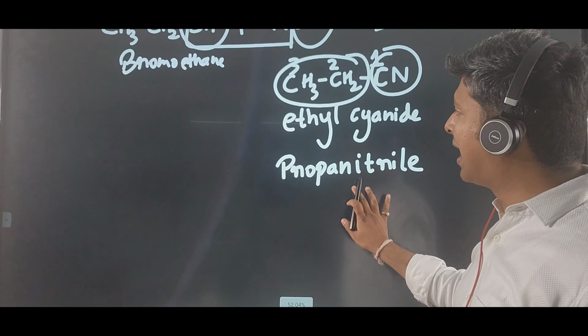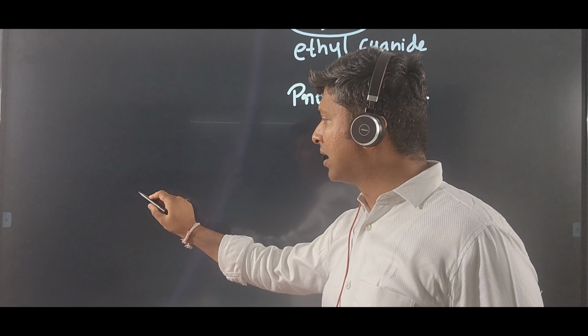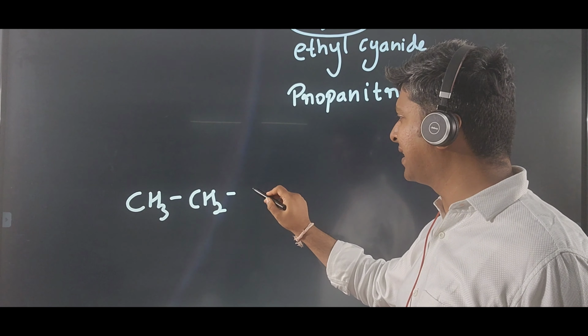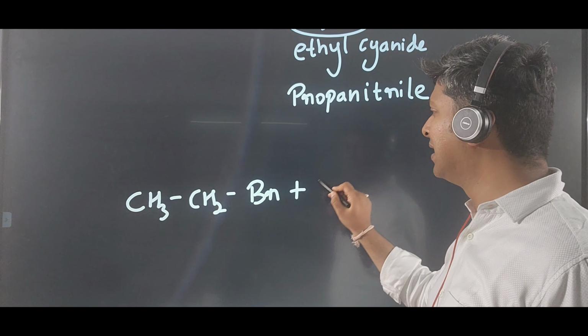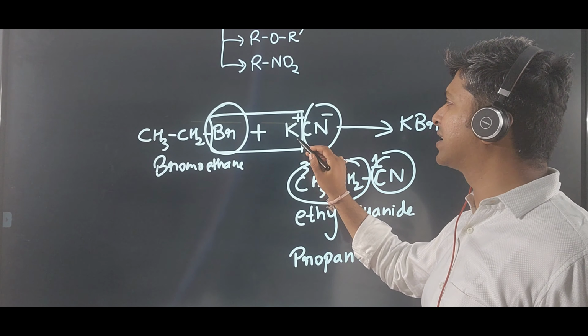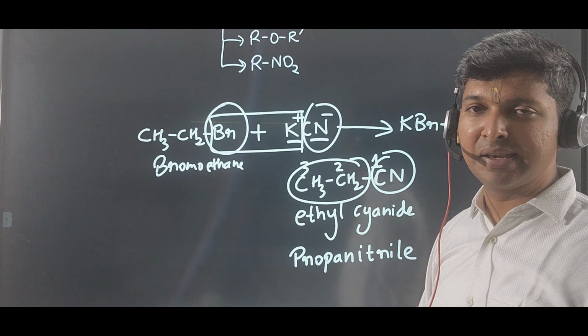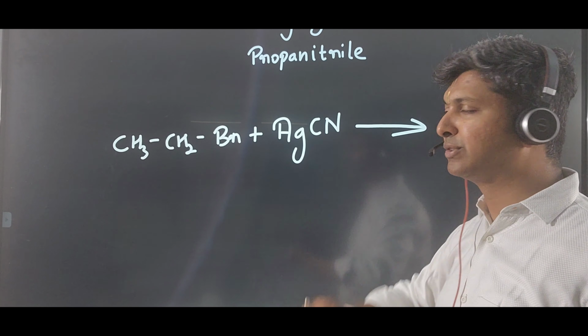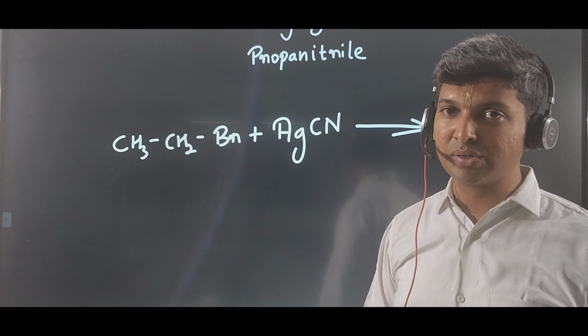Now after we have got propanenitrile, moving towards the formation of isocyanide. Now you need to note something interesting happening over here, that when we use KCN, KCN is a strong electrolyte, it dissociates quickly into K plus and CN minus. But what about AgCN? AgCN is a little lethargic to dissociate. It's a weak electrolyte, so it does not dissociate immediately.